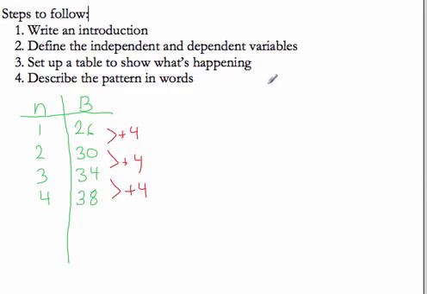So if we had to describe this pattern in words, how would we go about doing that? I guess that would be exactly it, right? We could just say the box sum is increasing by 4.